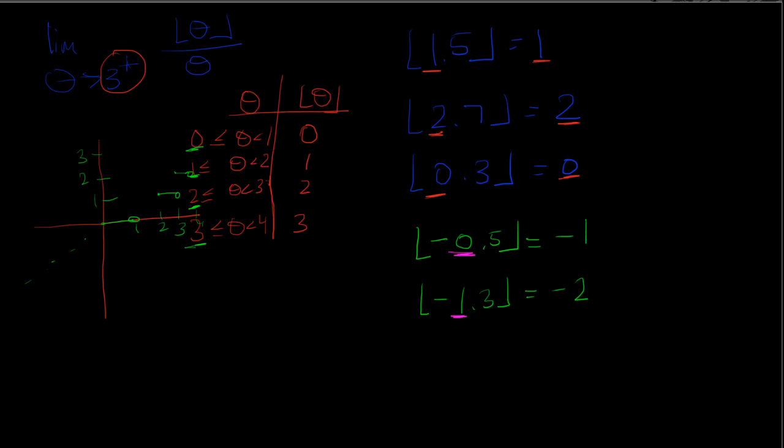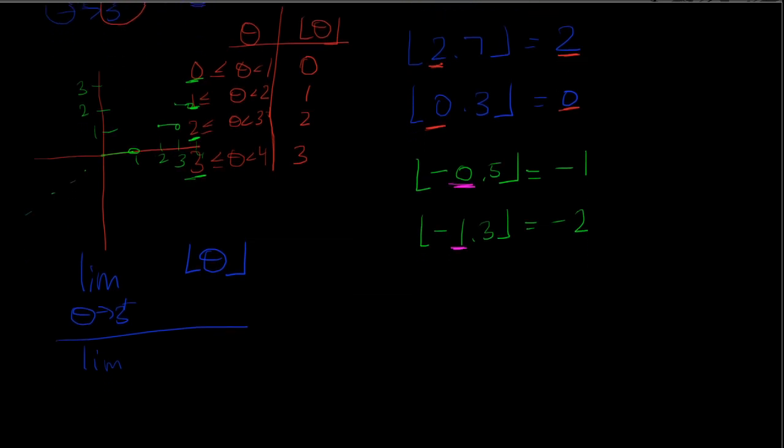So if I were to break this limit up now, so if I were to say limit as theta approaches 3 from the right of the floor function of theta divided by limit as theta approaches 3 from the right of theta. So the floor function of theta as theta approaches 3, but we'll be looking at this part of the graph.